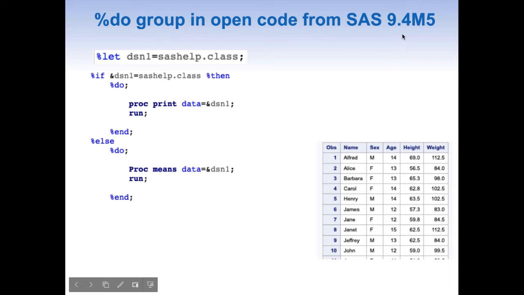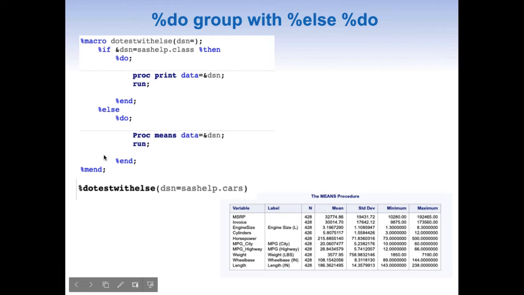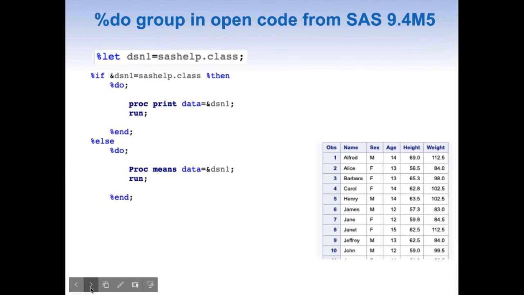But starting from SAS 9.4 M5, for do groups, we do not have to have the whole thing embedded in a macro. For example, I'm showing the same thing that I have shown you before, but this is not embedded in a macro. There is no %macro name, there is no %mend, and I can just select this part and run, and then it executes and gives us the result we want.